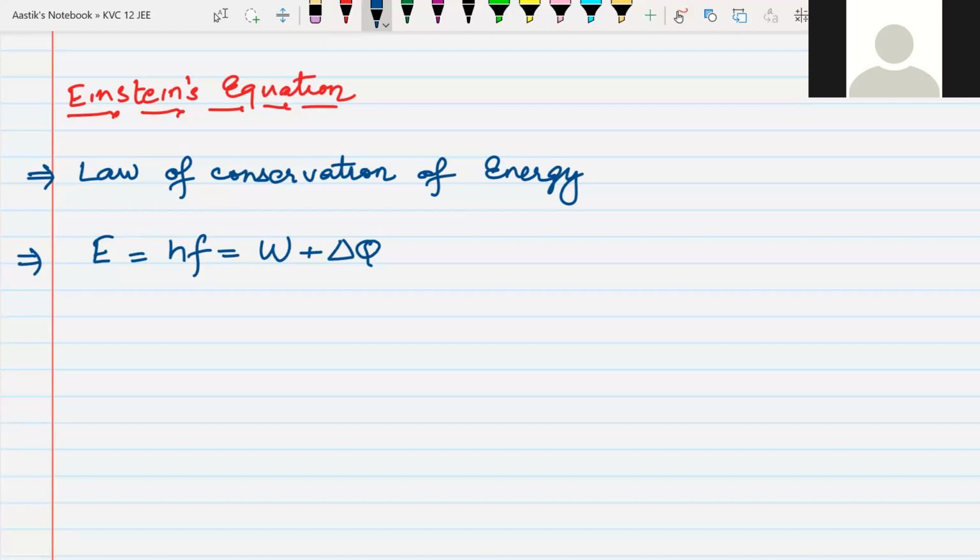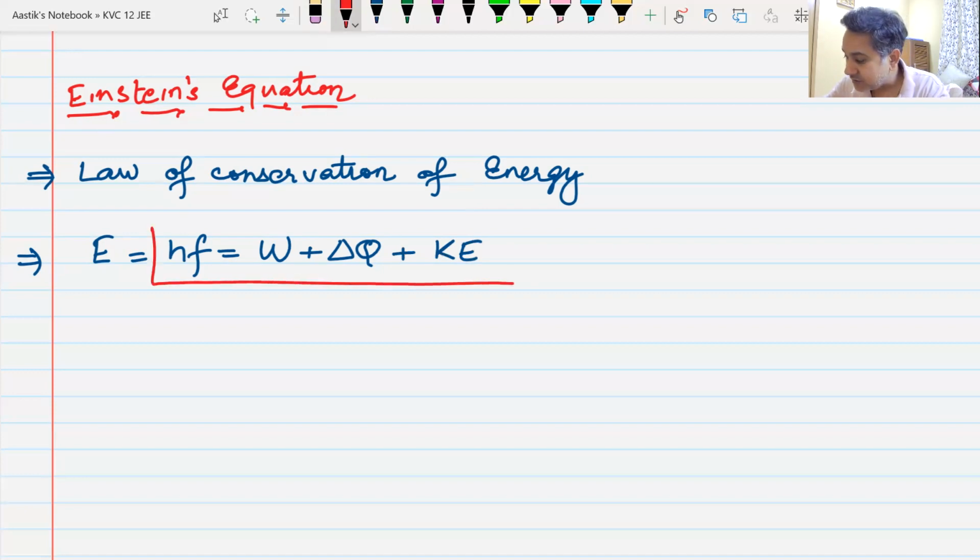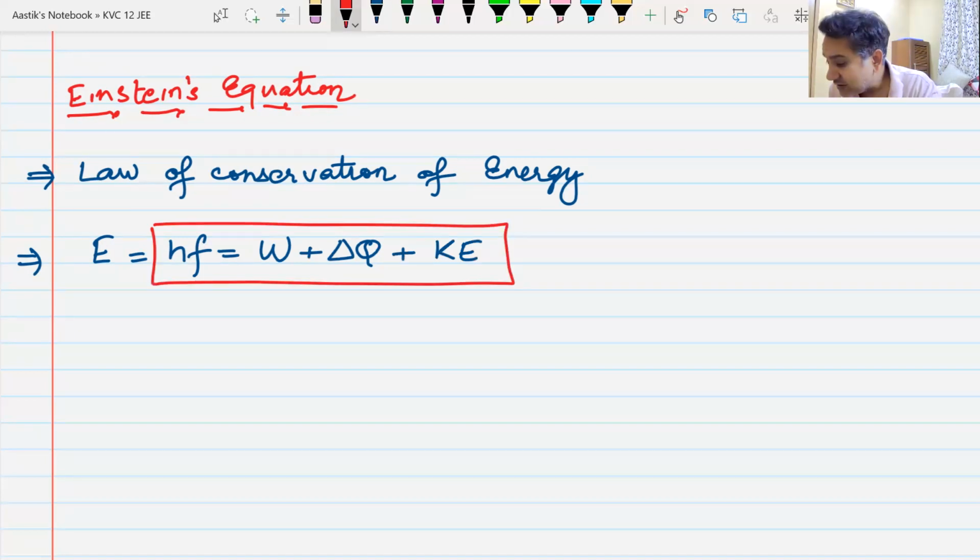While coming out, the electron may collide with neighboring particles, so some energy may be lost. Whatever energy is remaining with the electron, it comes out with that kinetic energy. So this becomes Einstein's equation for the photoelectric effect.